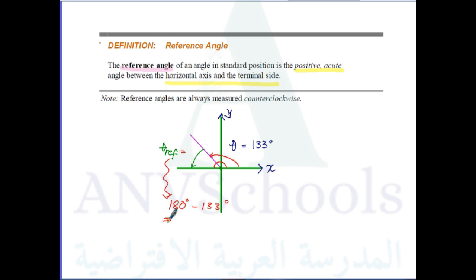And what is the answer here? We have 47 degrees. So remember, it's always positive. Okay, so let's take another example.